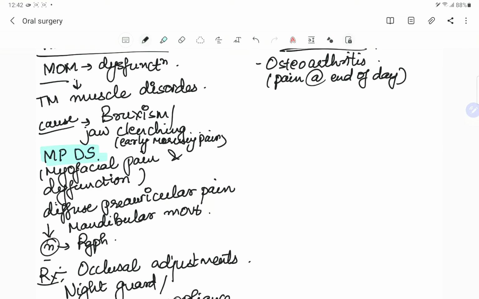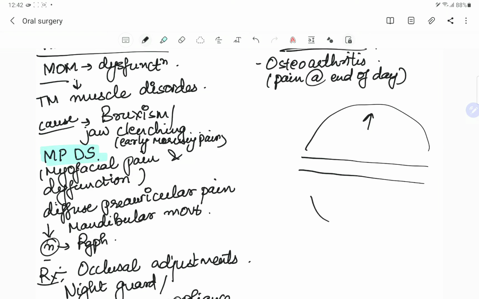The cause can be mechanical trauma or hypoxia. See what happens. Suppose this is the blood vessel. If there is an increase in the hydrostatic pressure in the capillaries, in the capsule I am sorry, if there is an increase in the pressure outside, there is an increase in blood vessel perfusion.